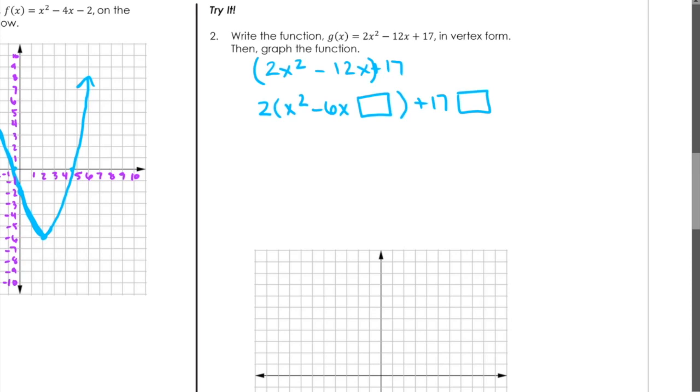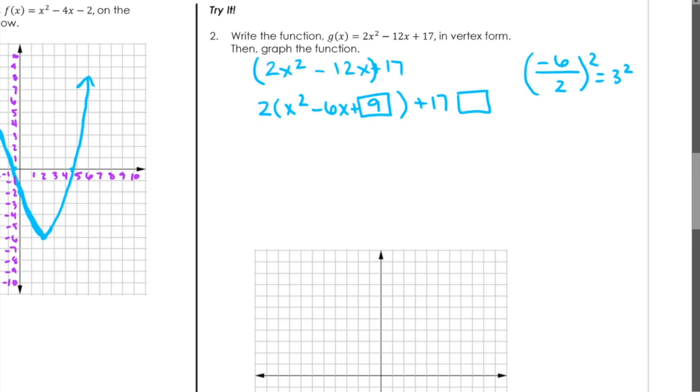Okay, now I need to find what goes in the boxes. So remember, you take your negative 6, whatever number is in the middle, divide it by 2, and square that number. So negative 6 divided by 2 is 3. 3 squared is going to be 9. And it's a positive, so I'm going to do plus 9.